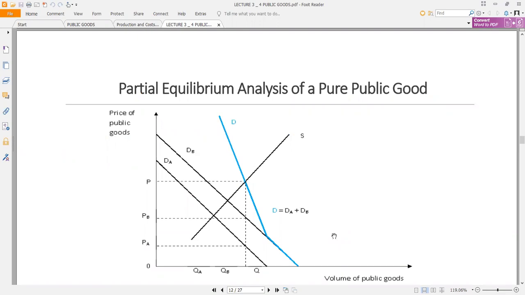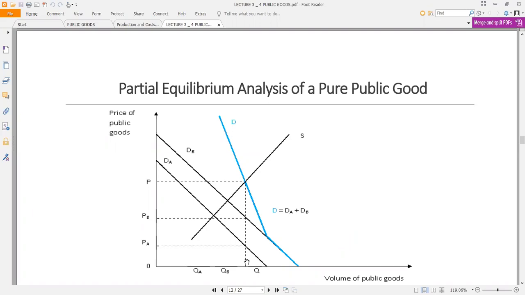But how do we look at the case of public goods? Now, remember, for a public good, the quantity is fixed. Okay, the quantity of a public good is fixed. We are all enjoying the same quantity. So let's take this quantity Q. This is the quantity that has been produced by either the private sector or the public sector.